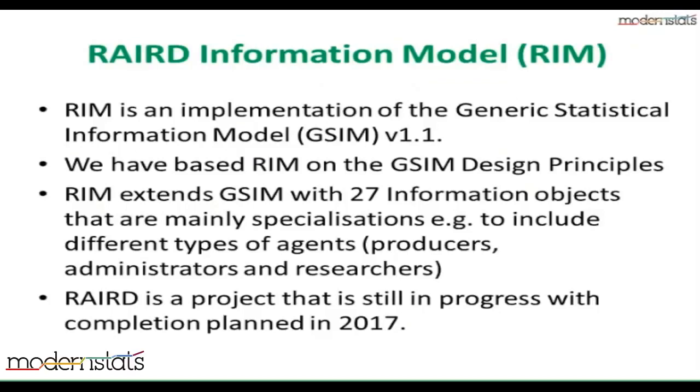Our RIM extends GSIM with 27 information objects that are mainly specializations, for example, to include different types of agents, producers, administrators, and researchers. It's a project that is still in progress, with completion planned for 2017.